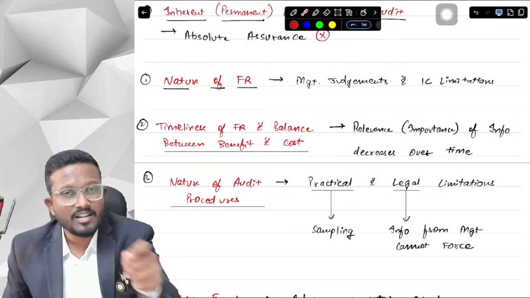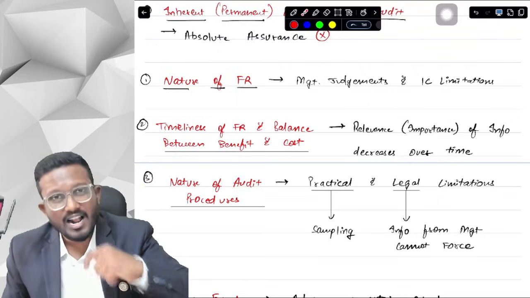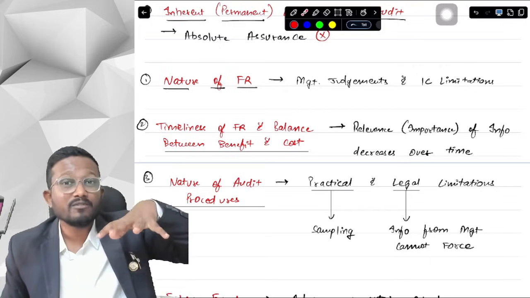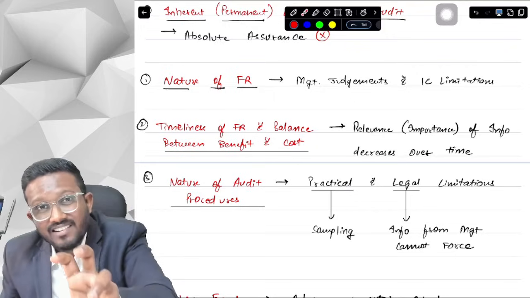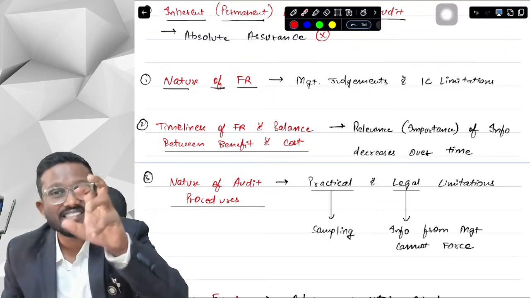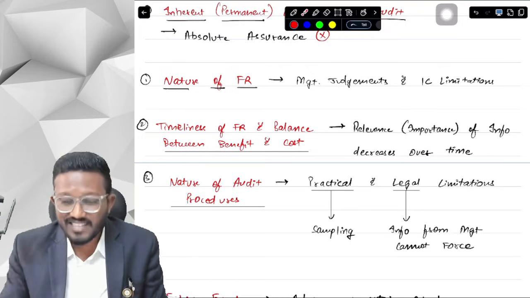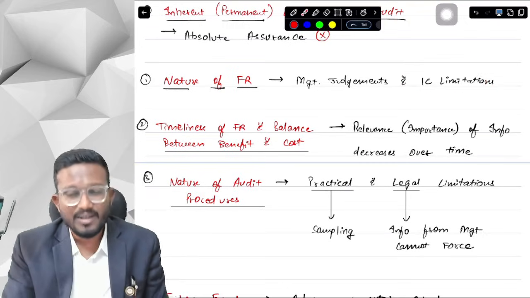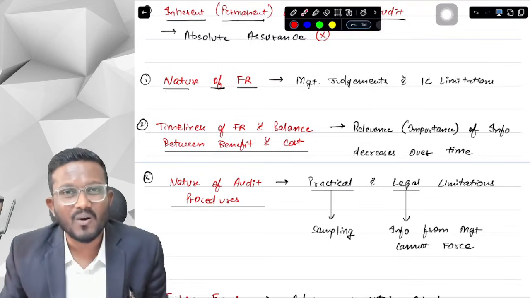The manager is checking all the claims and approving all the documents, and then I am paying. From a management perspective, this control is working fine, but the limitation is that the manager and the article have colluded, and management does not know anything about it. So this is a limitation of internal control, based on which there is a limitation on financial statements, and that's why there is an inherent limitation on audit as well.